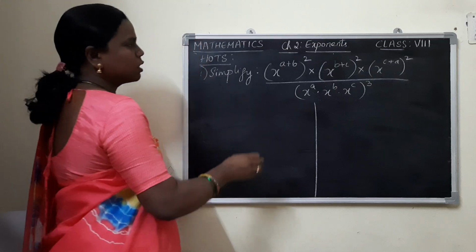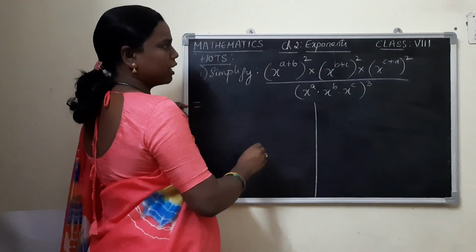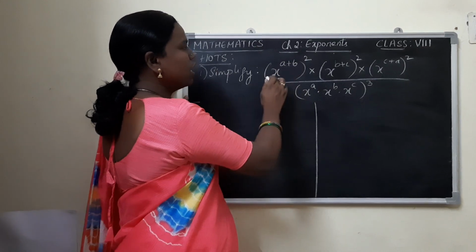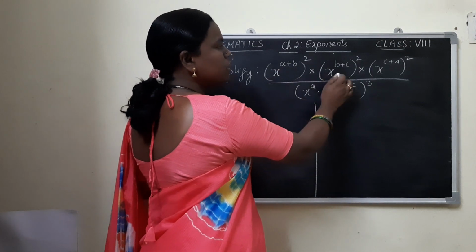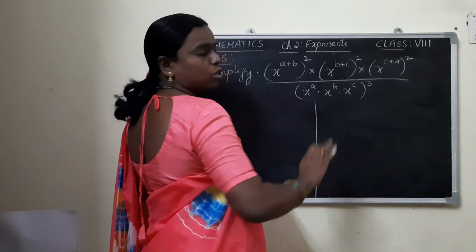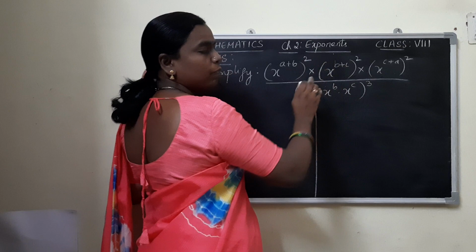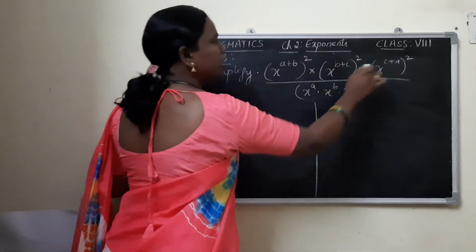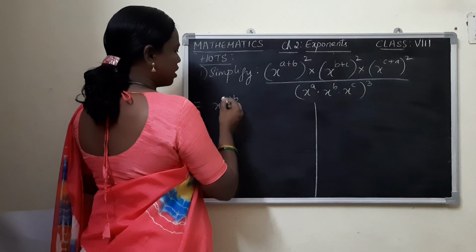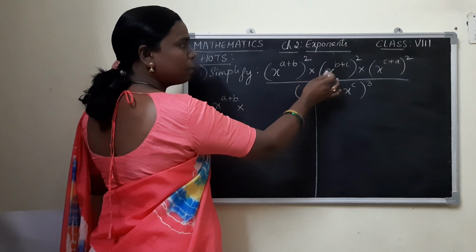Now let me see what I can do for the numerator first. Then we will think about the denominator. Here you can do it in two methods. Either you take the bases together into one bracket and take the power as common, or you can simplify using the powers individually. So I am choosing to put the whole thing into one bracket. So x to the power of a plus b multiplied by, that is a power m into a power n.